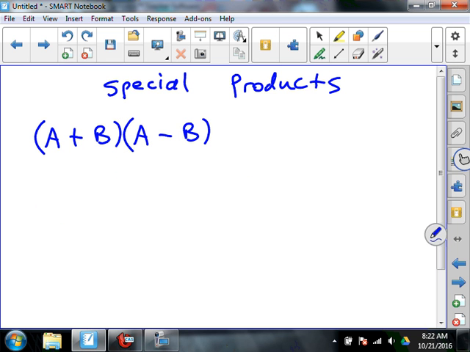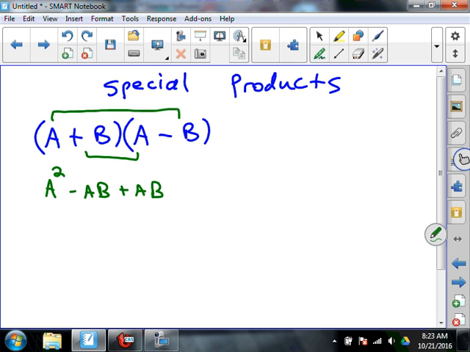Does anybody know what happens here? Let's FOIL it out and let's see what happens. What's the first term's product? A squared. What's the outer term's product? Minus AB. Everybody with me so far? The inner term's product is what? Plus AB.